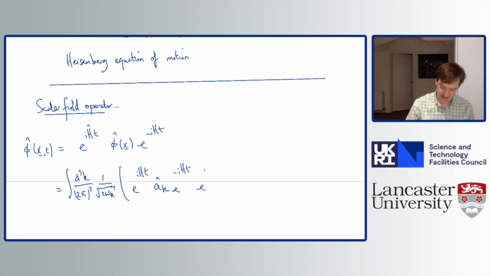Then we had an e to the i k dot x term from our Fourier decomposition. And I think I can fit it in. We have the creation operator term as well, e to the minus ik.